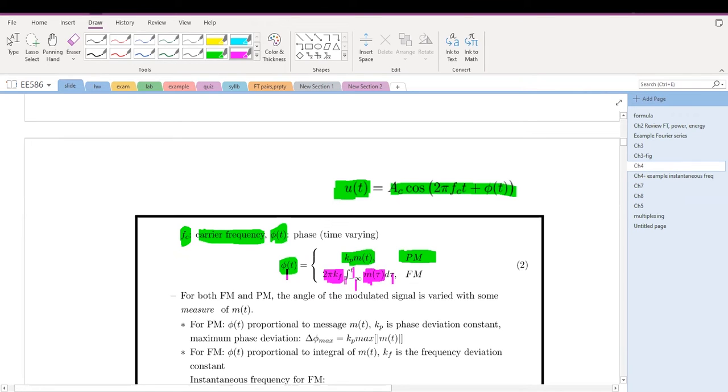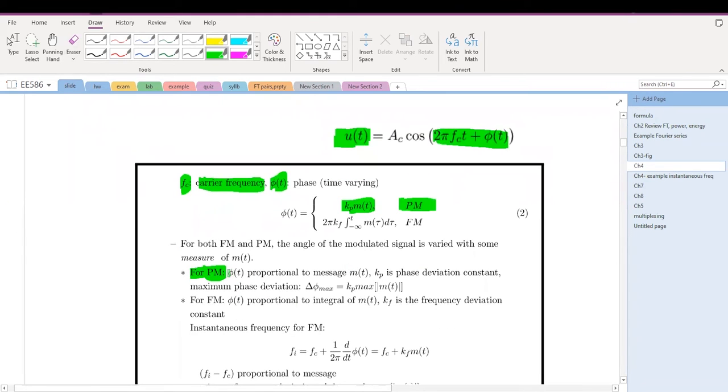In other words, for FM, we take the integral from long time ago up to the current time, and then multiply by 2 pi Kf. That equals phi(t). For both FM and PM, the angle portion is changed with the message, but in different ways. For PM signals, phi is proportional to the message directly because it's multiplied by Kp.